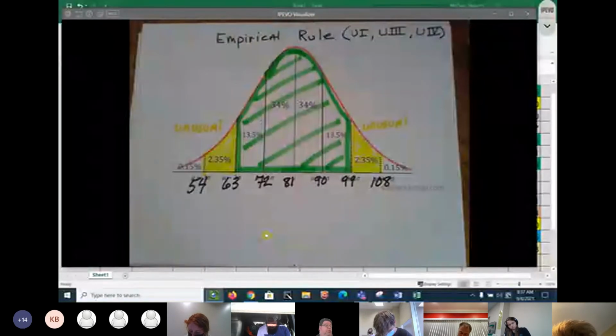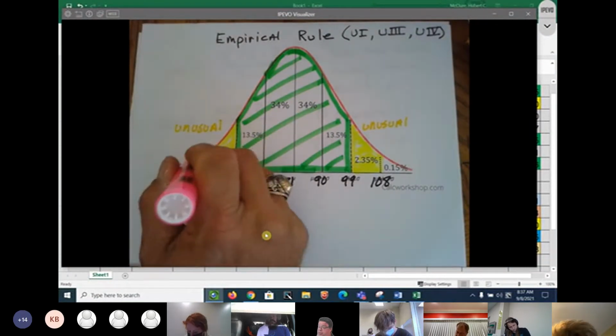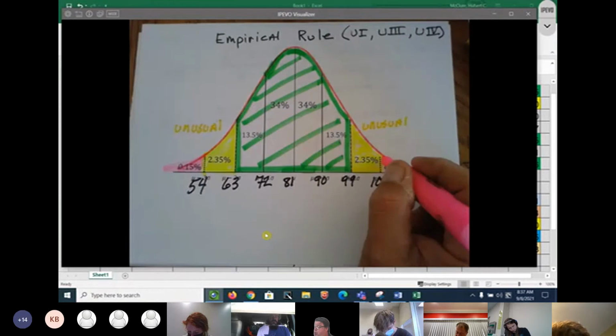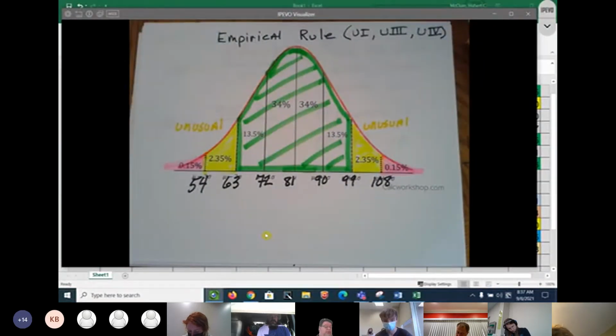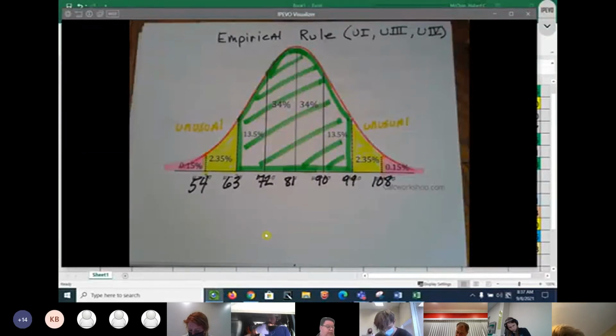Unusual. And then what's outside unusual? Come on, people that's had probability and statistics before. Starts with an O. Your outlier. Your Michael Jordans, your Tom Bradys, your Tiger Woods. The outliers. Good job. Somebody actually read something. Outliers.